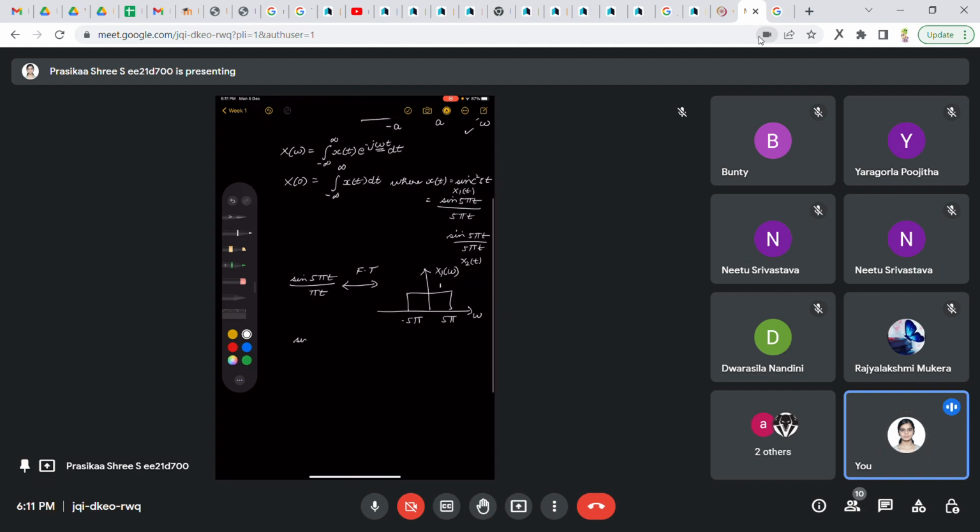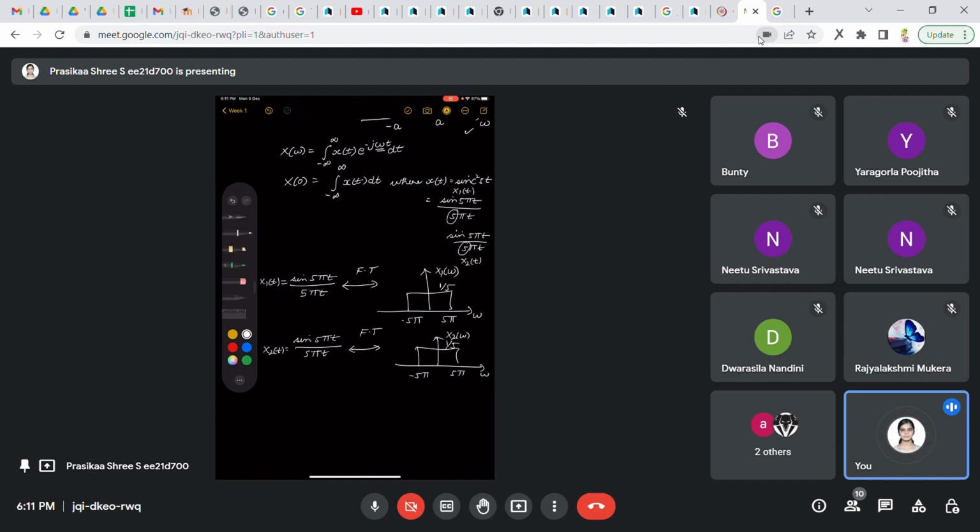Similarly, if you are computing the Fourier transform, these two are identical here. However, for understanding purpose, I am having it as x1 of t and x2 of t, and this is x2 of omega. So now, we are having a 5 extra factor here, so let's divide 1 by 5 on both sides.